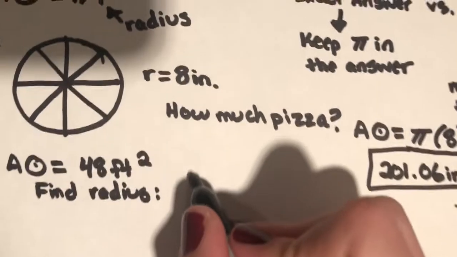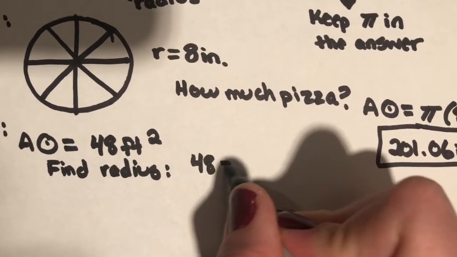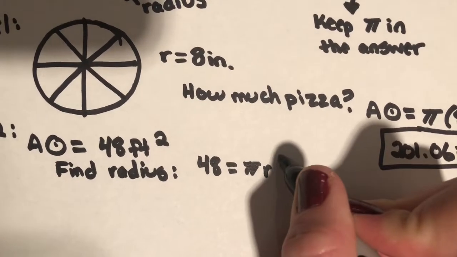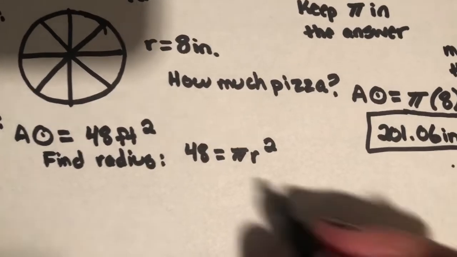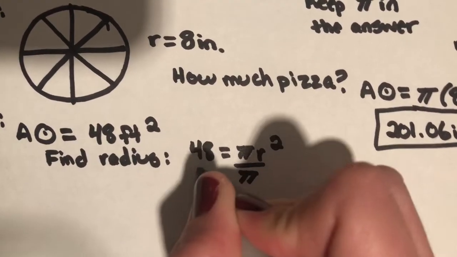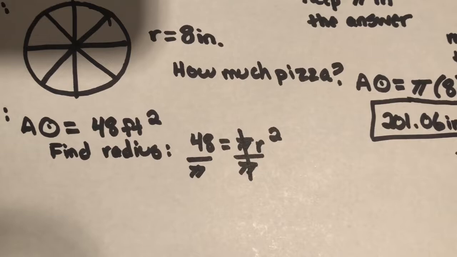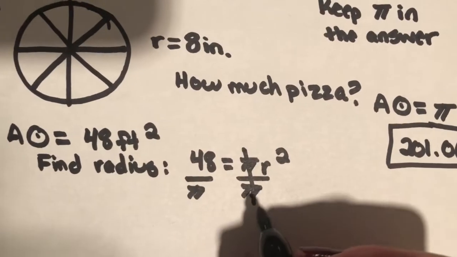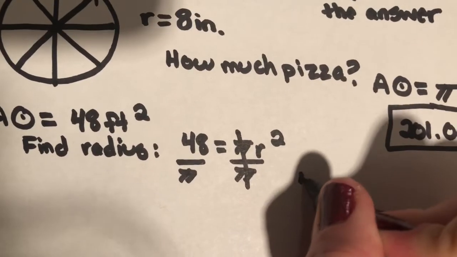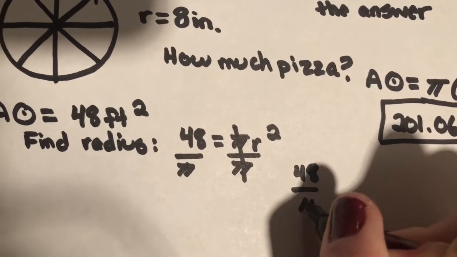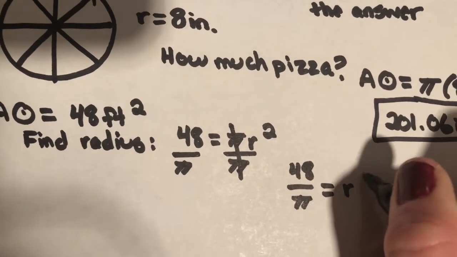All right, that means you can set 48 equal to pi r squared. We're going to divide both sides by pi. That side cancels out, and we are left with 48 over pi equals r squared.